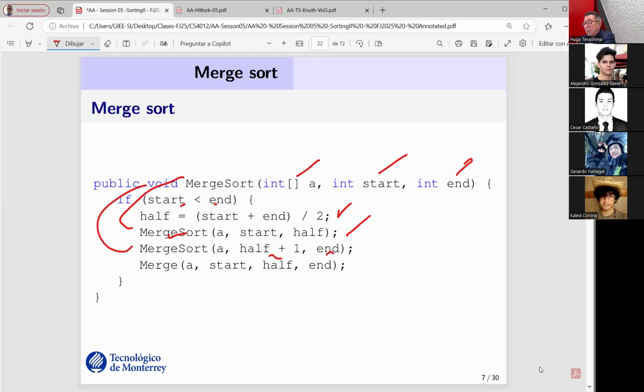Once you return here, you have both parts already sorted, and then you merge the array from start to half to end. After the merge, you get the result. So this is the algorithm.